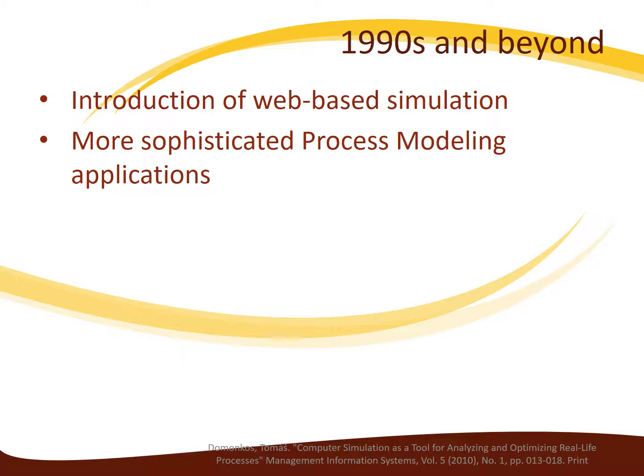During the 1990s and beyond, we have seen the introduction and the increased use of web-based process modeling applications. We have also seen more sophisticated process modeling applications enter the market.